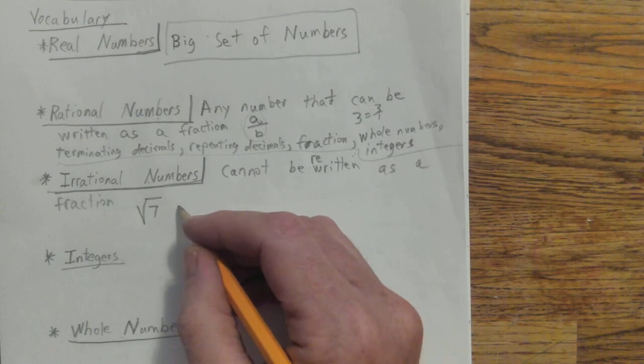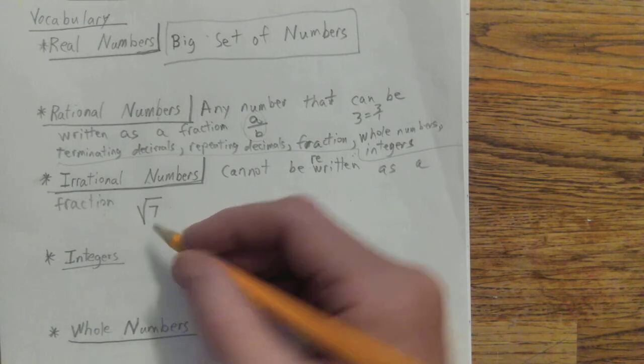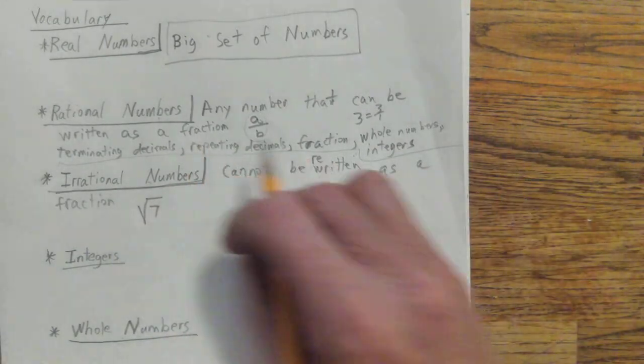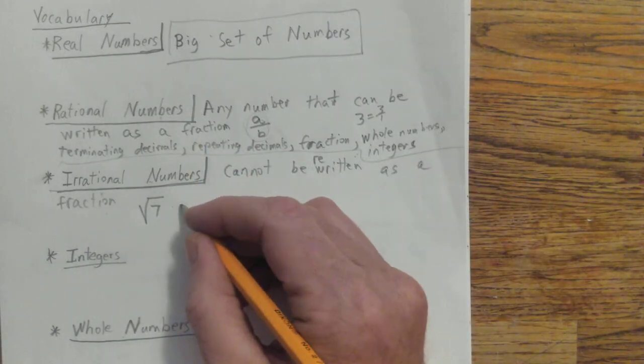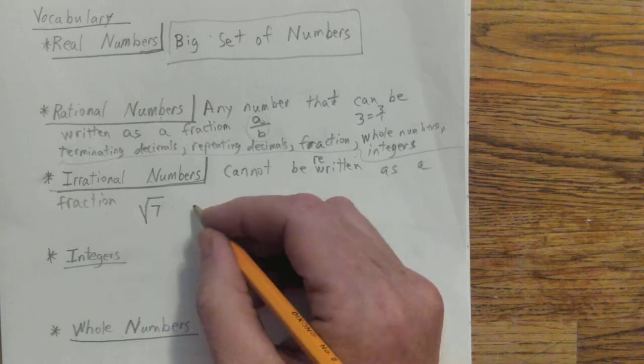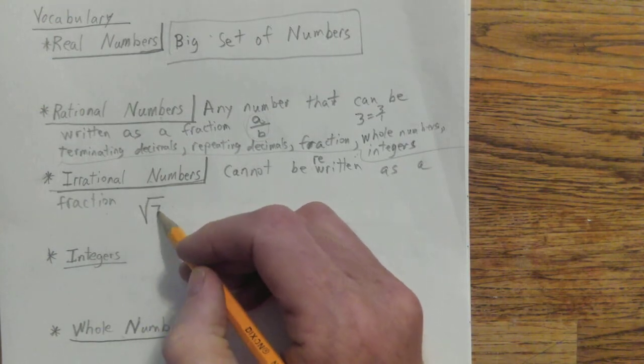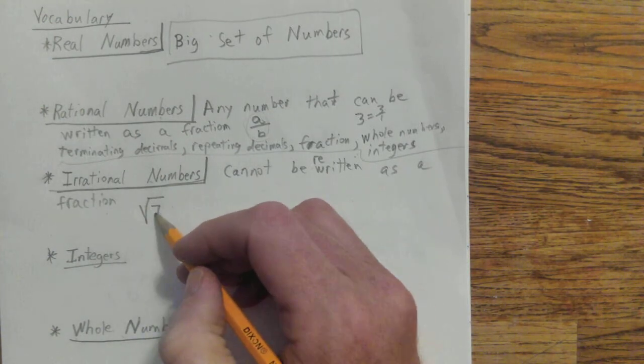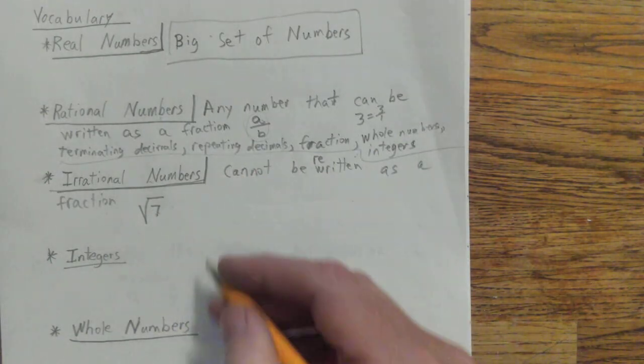What's going to happen is you're going to get some decimal. You can put it on your calculator. It'll fill your calculator with decimals. It's irrational, and the square root of any whole number that's not a perfect square would be irrational.